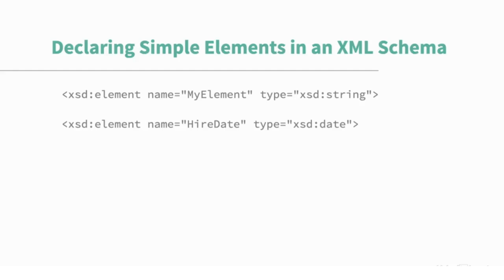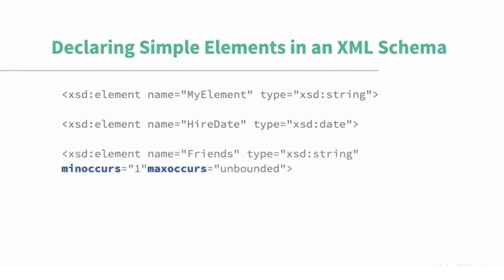You can limit how many elements appear in an XML file or inside a particular XML element within that file by using the min occurs and max occurs attributes. Each of these attributes is optional. The default value of these is 1. So just like in DTDs, if you don't define these attributes, it's assumed that the element can appear at minimum once and at most once, so you can have exactly 1.